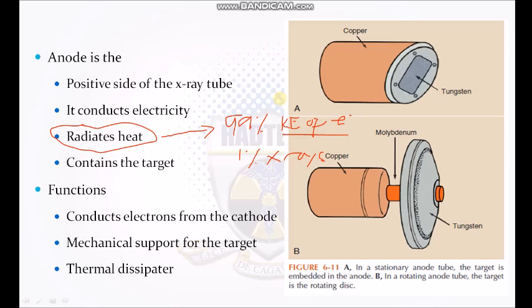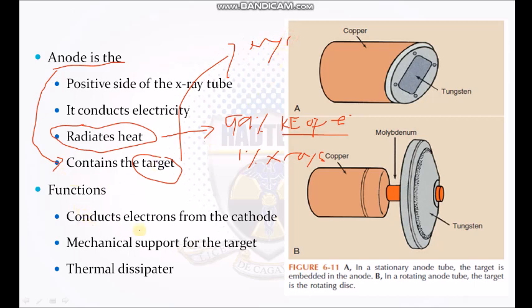That means a tremendous amount of kinetic energy is being carried by an electron, and then of course as it interacts with the target, there is a lot of heat that will be produced. Then of course one of the most important functions is it contains the target, and again the target is where X-rays will be produced.